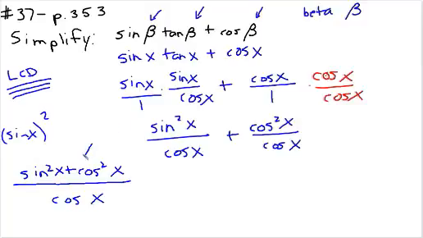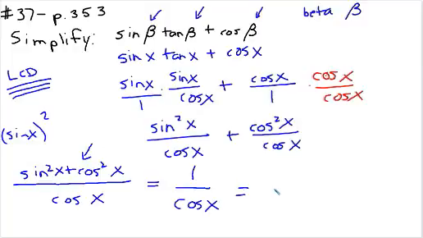Well, this thing right here is another identity we talked about. Sine squared plus cosine squared equals 1. All right, and these are in your book on the identities section. If you forget any of them, they're in your book. Sine squared plus cosine squared is equal to 1. That's an identity. So now I have 1 over cosine of x.